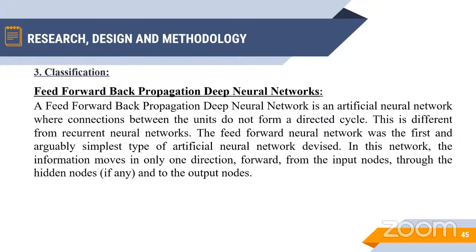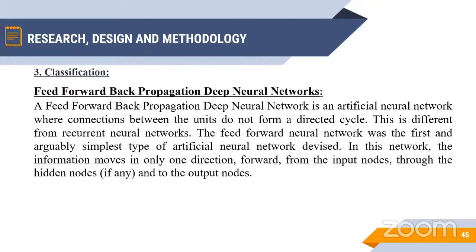So in this particular network, the information moves only in one direction, with the forward and the backward format, from the input node through the hidden nodes to the output nodes. So it goes on the feed forward. That means input to output nodes.